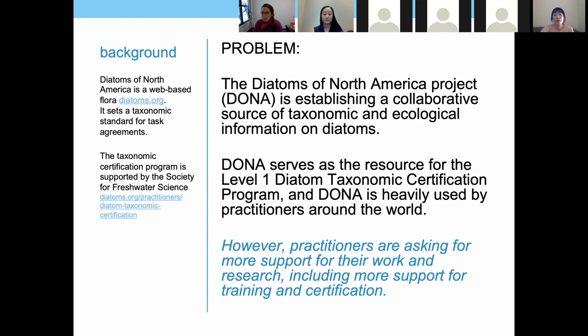But practitioners, people working on diatoms, are asking for more support in their work and research, including more support for training and certification. So our group is trying out this forum as a means to do that.